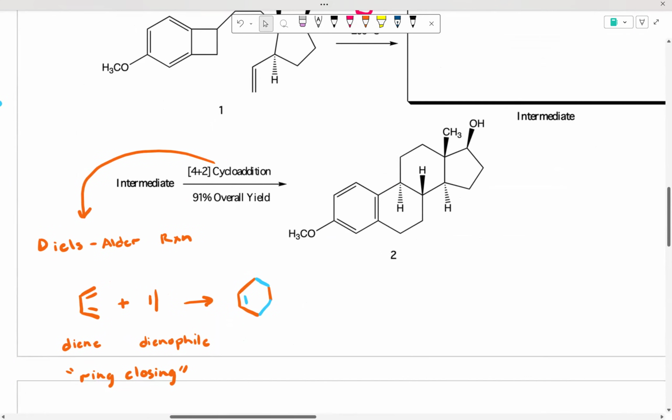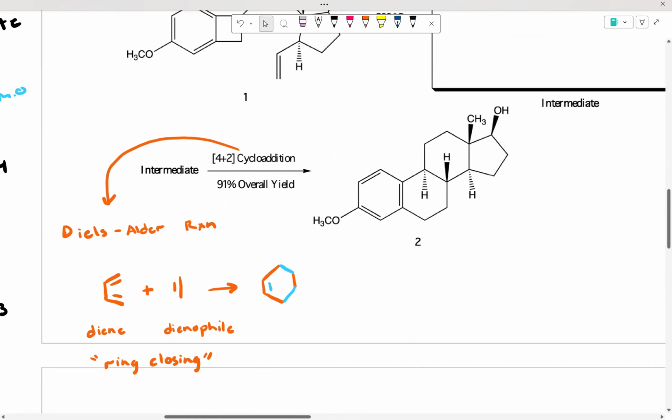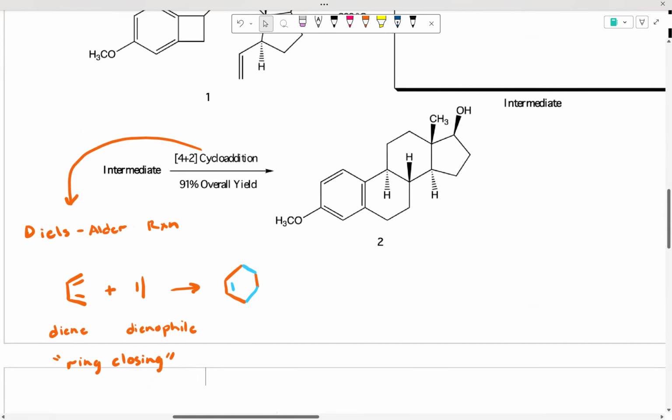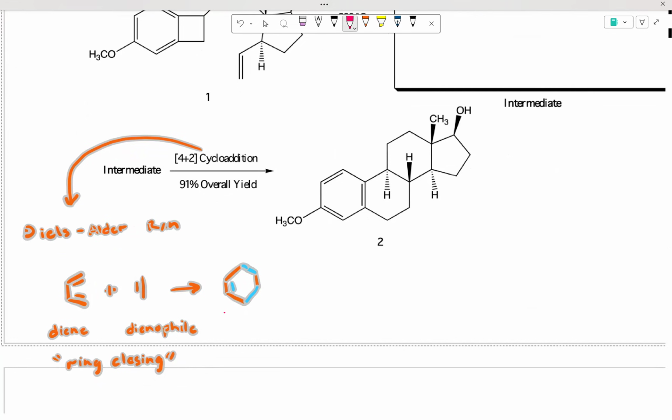In a Diels-Alder reaction, we have a diene, which is electron rich, and a dienophile, which is electron poor, and they close to form a ring. So we look at our product and we see, where do I see a ring? Or more like, where do I see this?